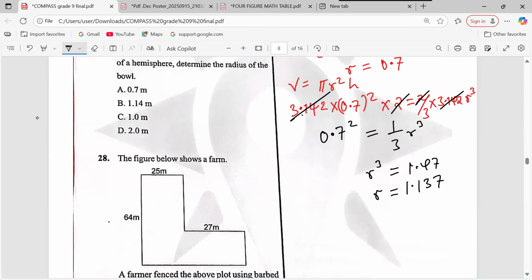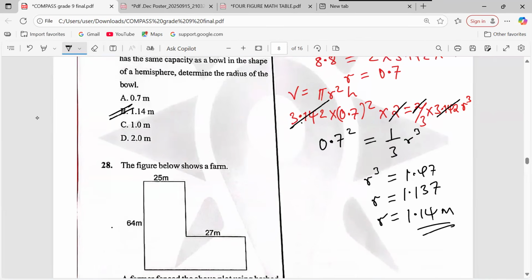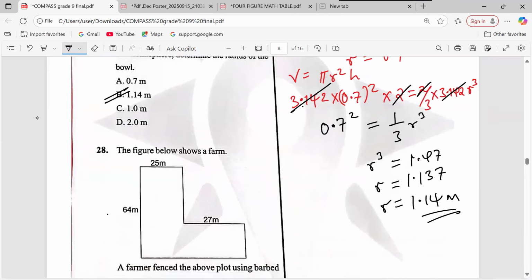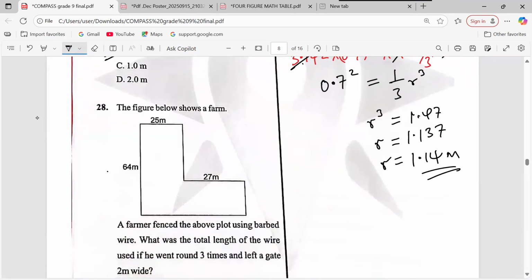But considering the significant figures applied, r shall be 1.14. So that is the measurement that the examiner intended to get.